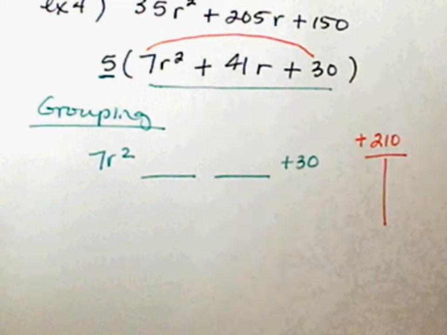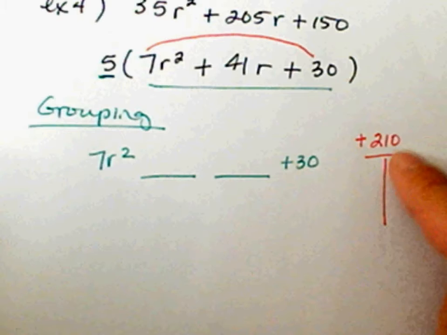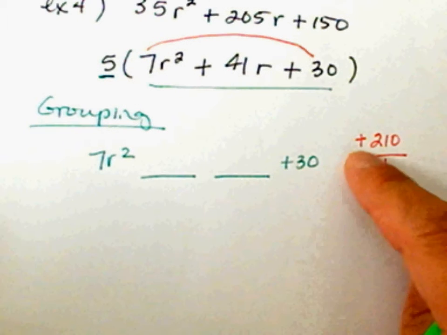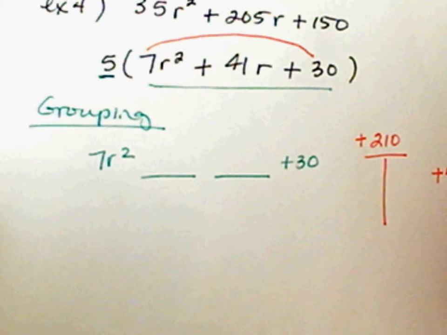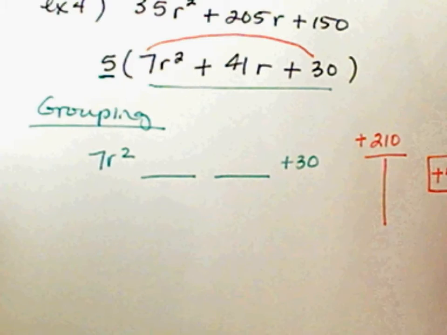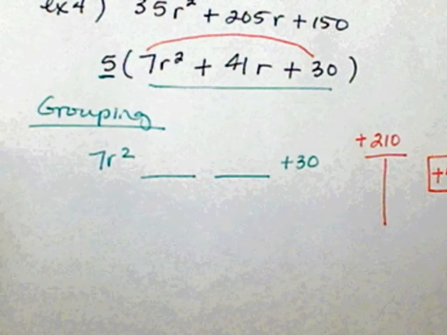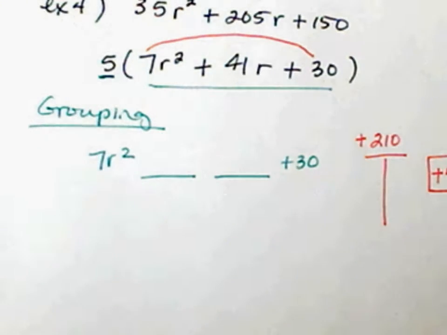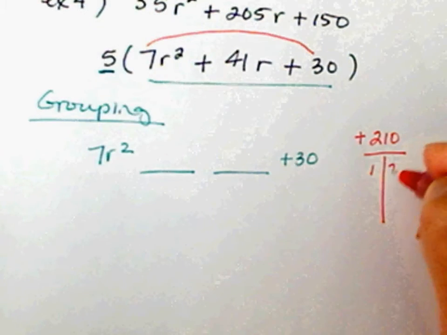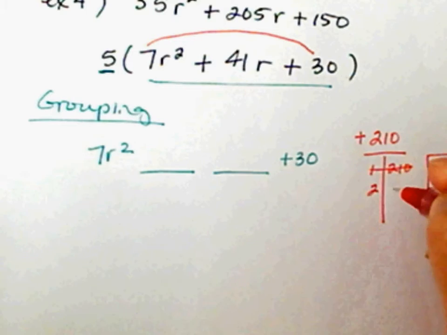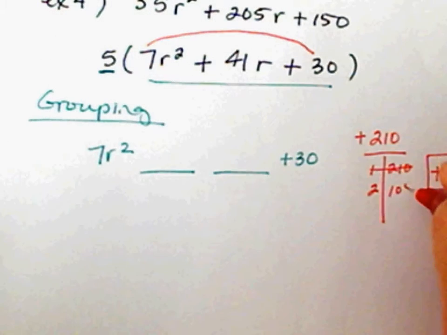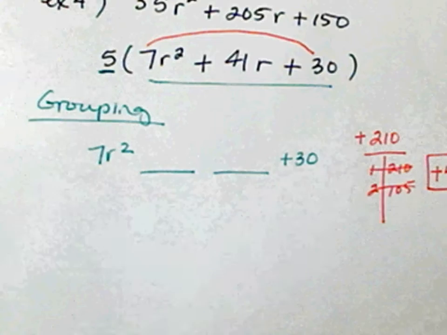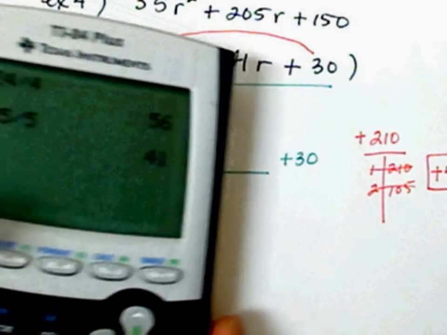Now, what 2 numbers multiply to give you 210, and since it's a plus, add to give you 41r? Okay? Same as before, except your A is not a 1. All right, what are those 2 numbers? You can start off with 1 and 210. 2 and 105. But you know that it's going to be a lot higher than that. So maybe you might want to use your calculator to help you, okay?